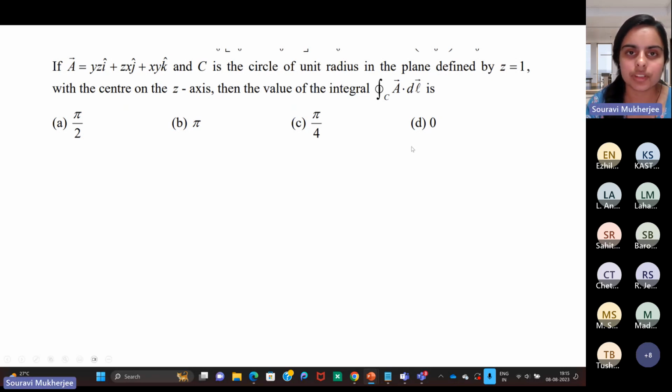So that means the first thing that you should try in this kind of question is to find the curl of this vector, because the surface integral of the curl of some vector is equal to the closed line integral of this vector A over the line that is enclosing the surface, right? So try to find the curl of A.